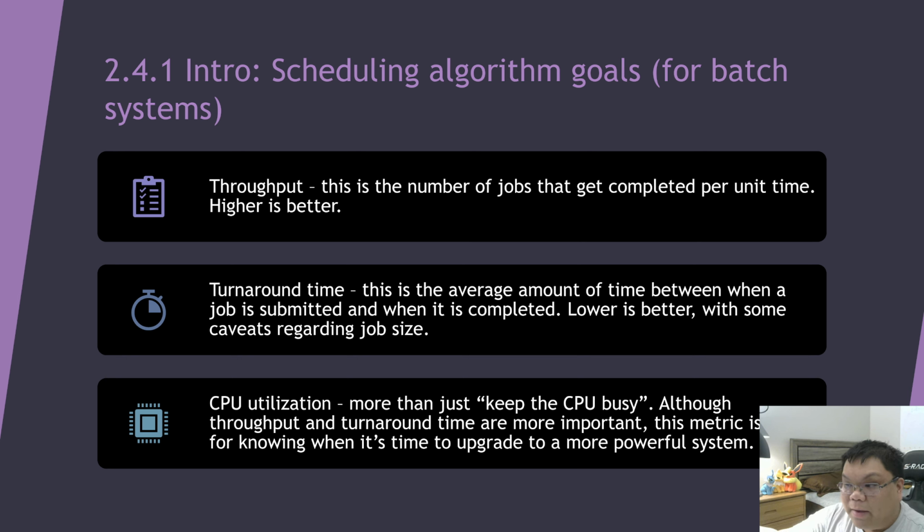So high throughput is better, lower turnaround time is better, and for CPU utilization, it's more than just keeping the CPU busy. It's also a good metric for knowing when it's time to upgrade your system to something more powerful. There are some caveats regarding that.